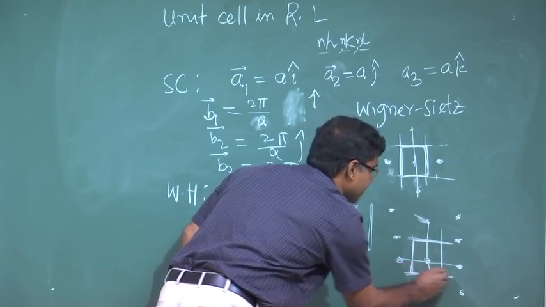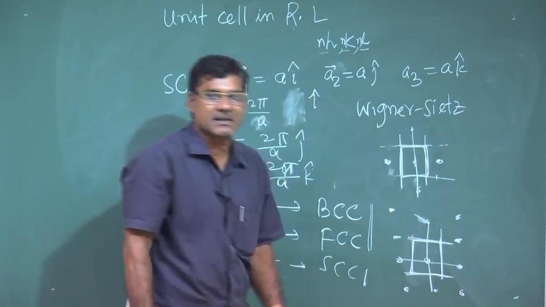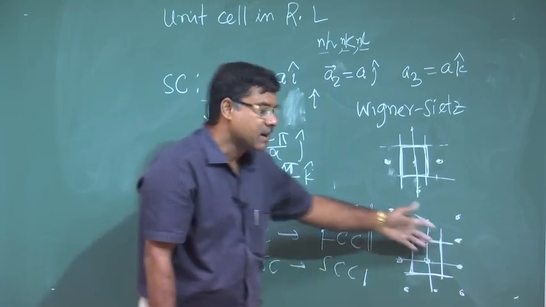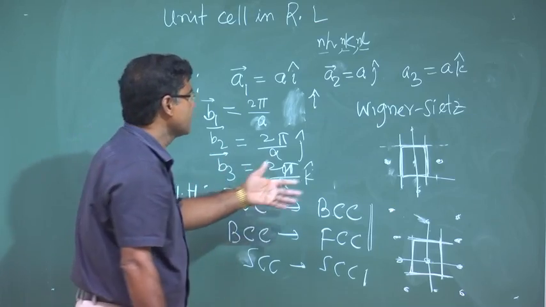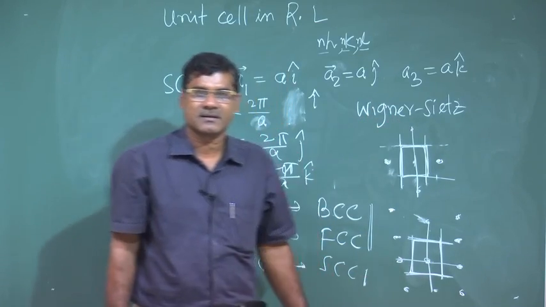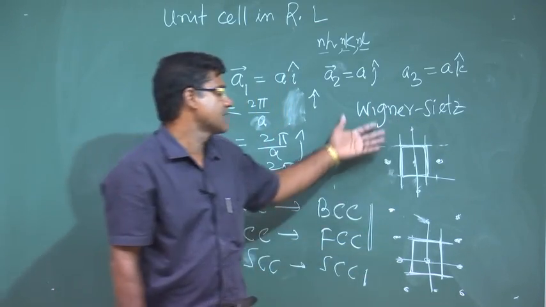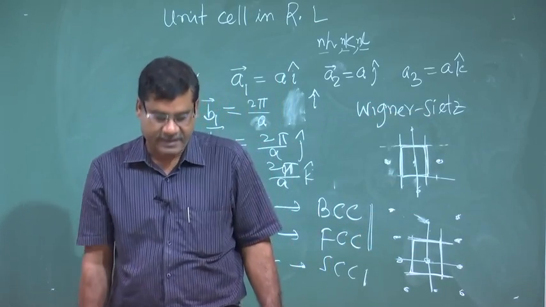So, this is similar to the Wigner-Seitz cell, but it is called the Brillouin zone. So, the Brillouin zone is equivalent to the Wigner-Seitz cell in direct lattice.